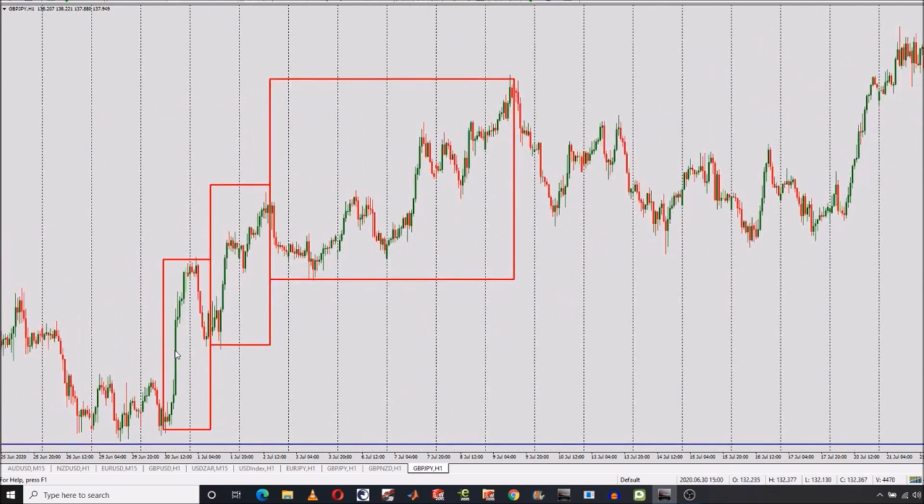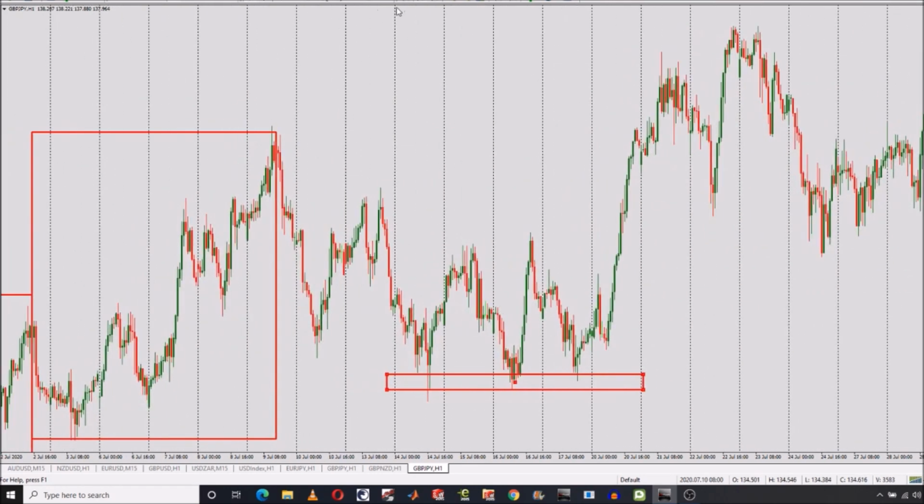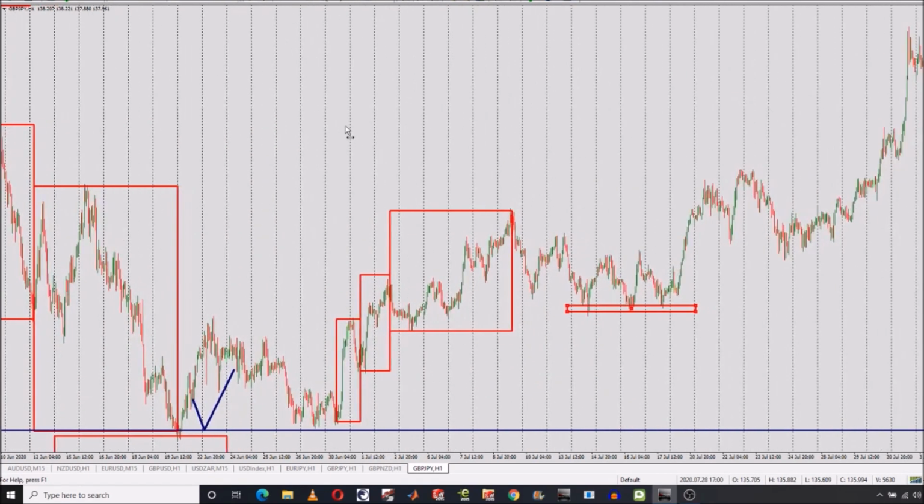So after drawing these levels, it means this one was a reset. We had a reset at this point, and the count restarted again. So restarting the count, we had the first level, right?